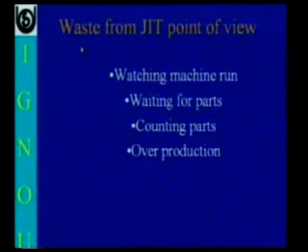What are the different types of waste included in the JIT system? First is watching the machine. If a worker is simply watching how the machine is running, then there is sheer wastage of his time as well as management time. When the machine is running, there is no use of the worker; he can be utilized on some other machine for setting up.